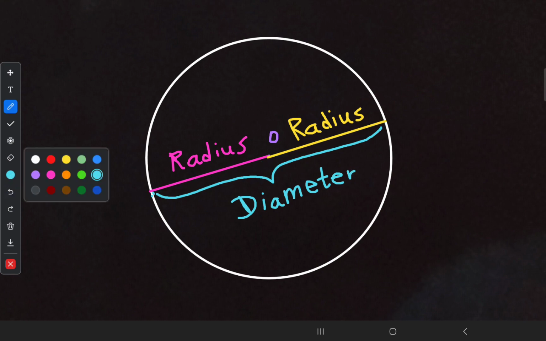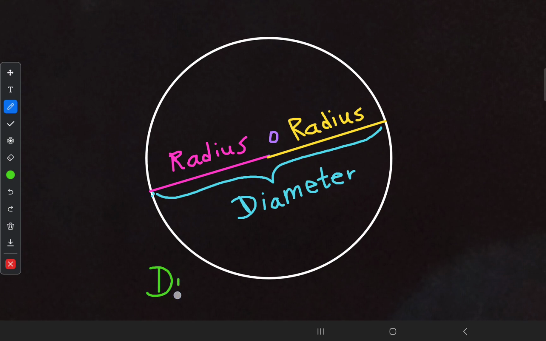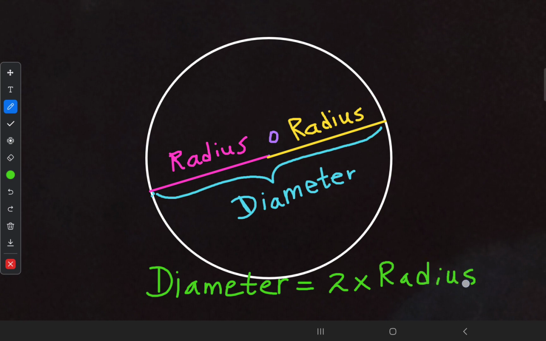One diameter equals 2 radius. That is the relationship. That's all. We are using diameter, and that should equal 2 times radius. That means when we have the radius as 7 centimeters, for an example, if this one is 7 centimeters, this radius is also 7 centimeters.